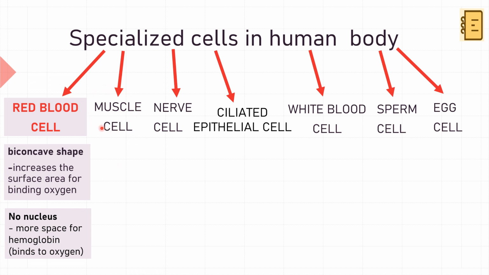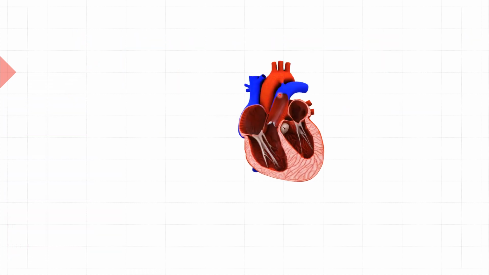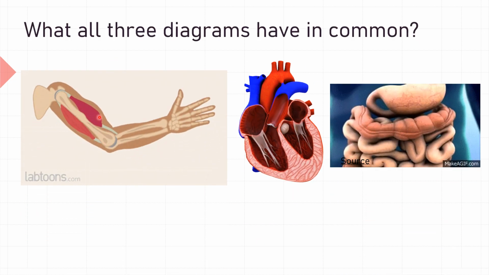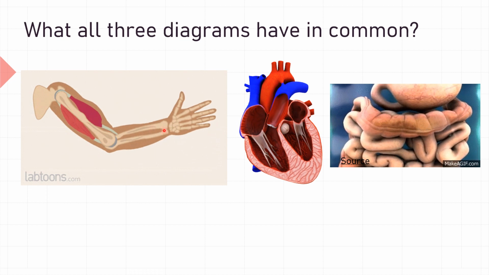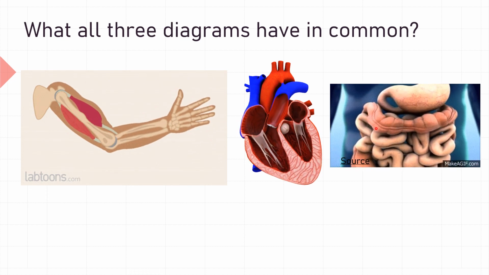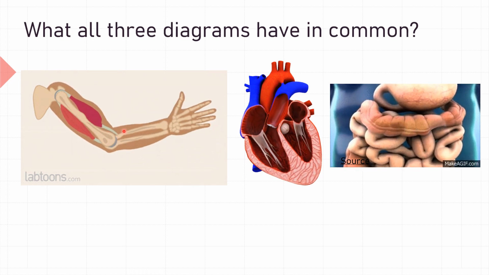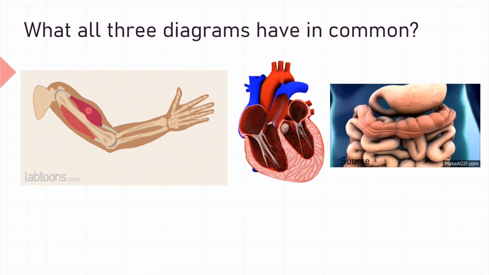The next one that we will be talking about is the muscle cell. So this is heart or cardiac muscle, here you have skeletal muscle, and here is smooth muscle. The point of the story: what do these 3 diagrams have in common? If you notice here, when the arms go up, the muscle will contract.